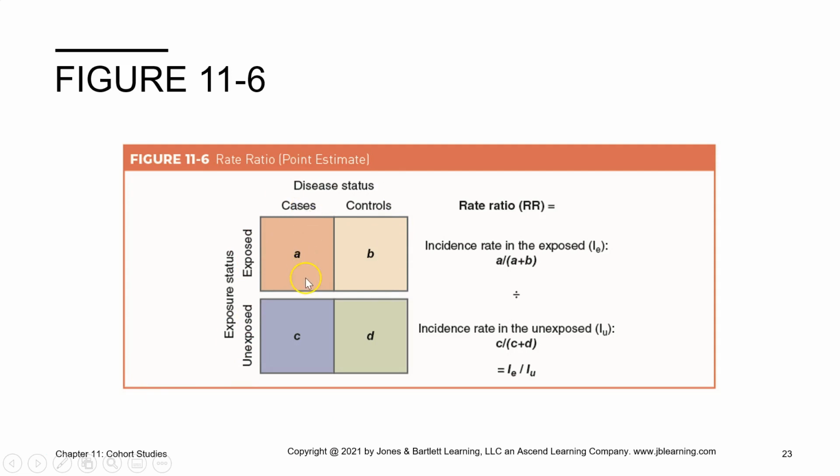So A are those with the disease who were exposed, B are those without the disease who were exposed, C are those with the disease who were unexposed, and D were those who do not have the disease and were not exposed. And so the incident rate in the exposed is A over A plus B, so our top row here. And then the incident rate in the unexposed is C over C plus D, and then you divide those two together.